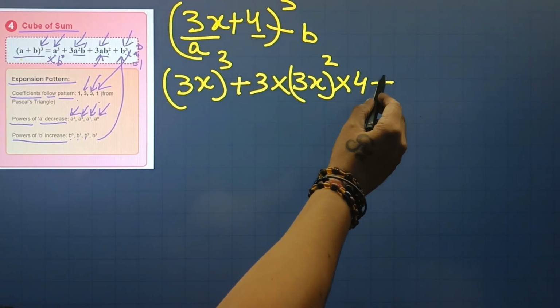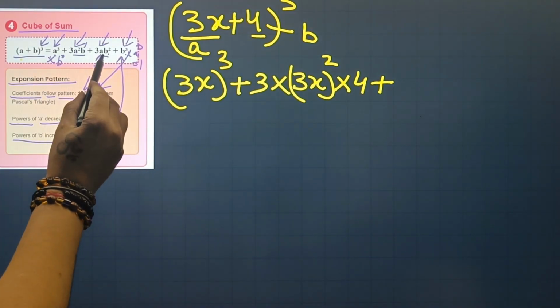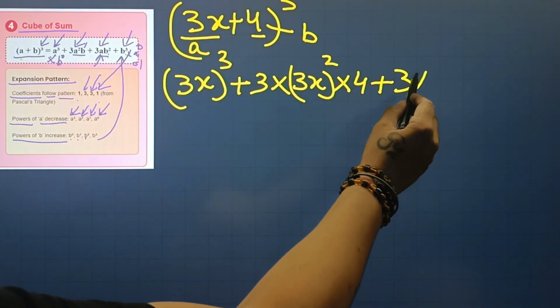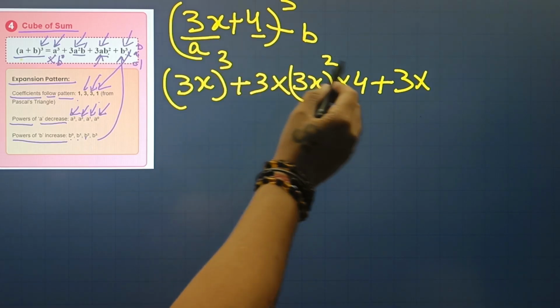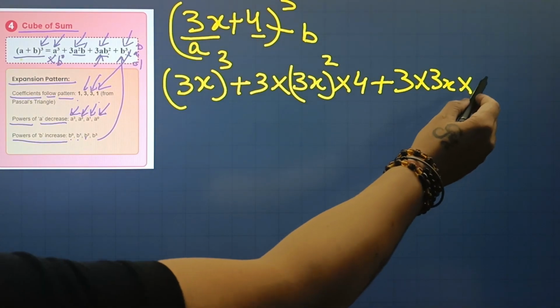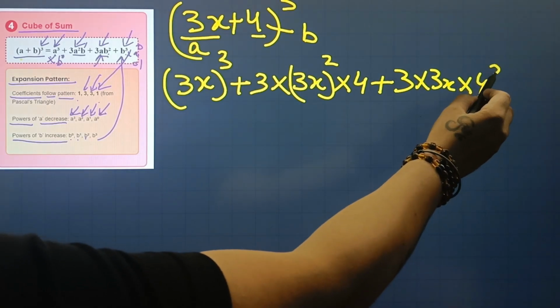Now again plus 3ab square. So 3 into a is 3x into b is 4 square.